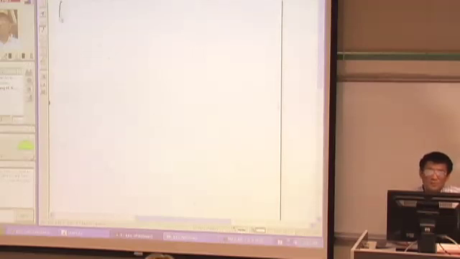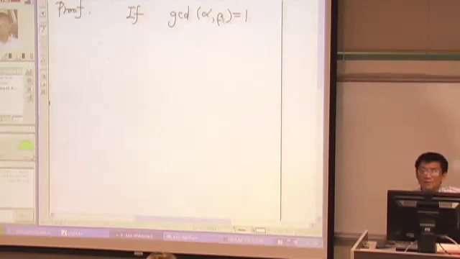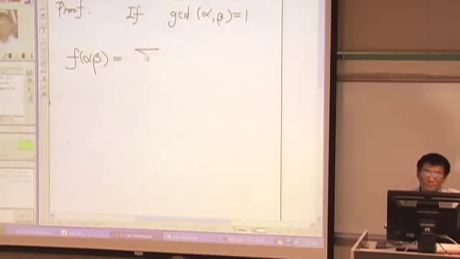So, proof. If the GCD of alpha and beta is 1, then f of alpha times beta equals, by the Mobius inversion formula, a sum over divisors dividing alpha times beta.